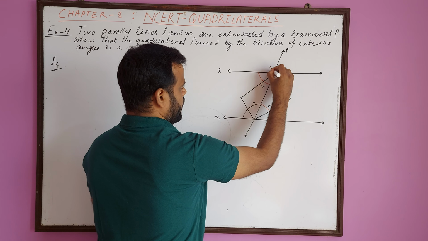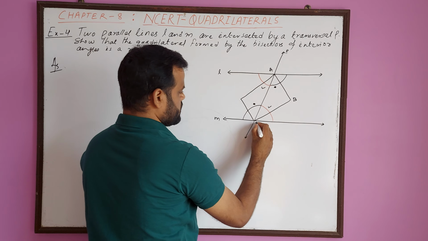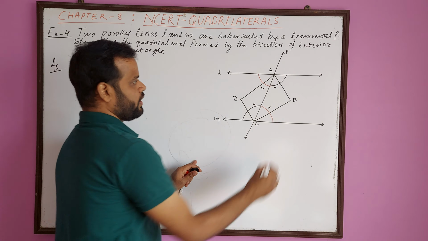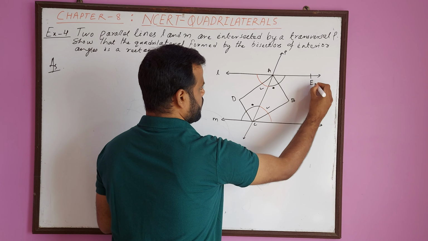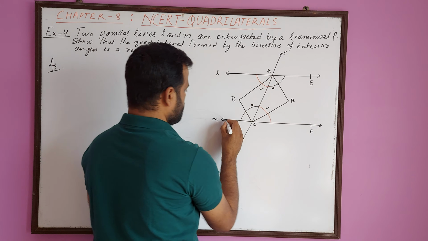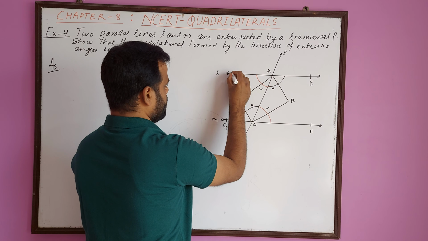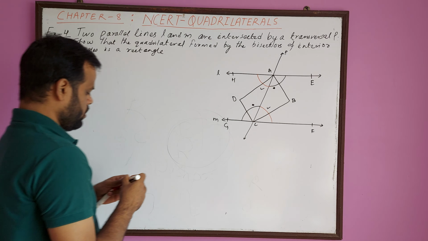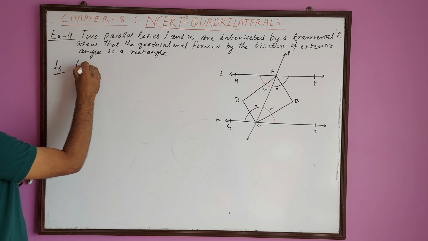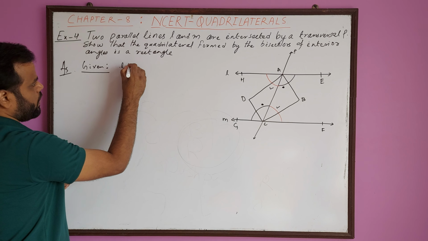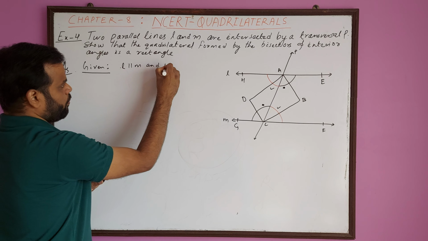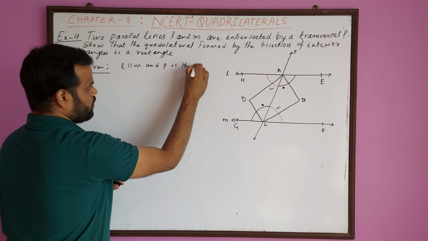Let ABCD be the quadrilateral formed. We name the points E, F, G, H. Now we will go step by step. What we are given is that L is parallel to M and P is the transversal.